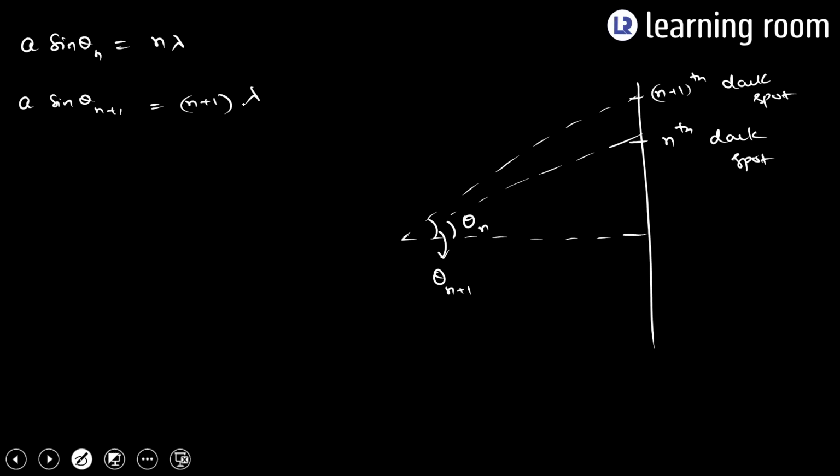Right? But what did we say? That these angles are going to be so small that the value of sin theta can be approximated to the angle itself.